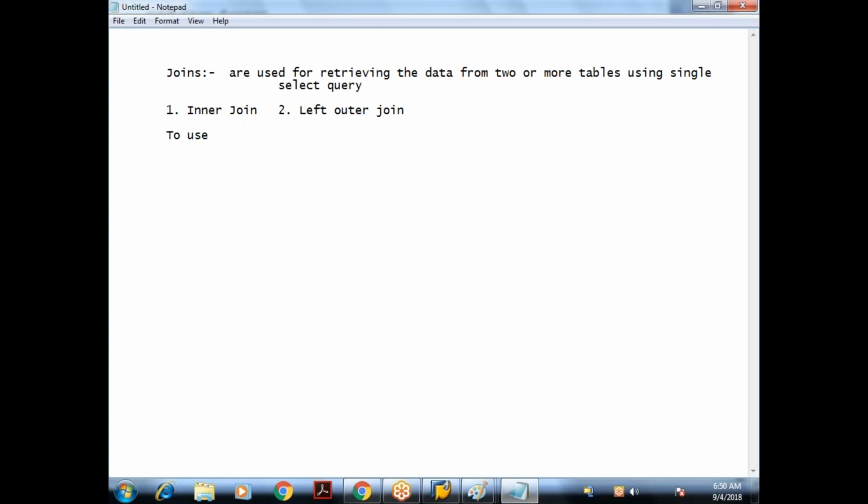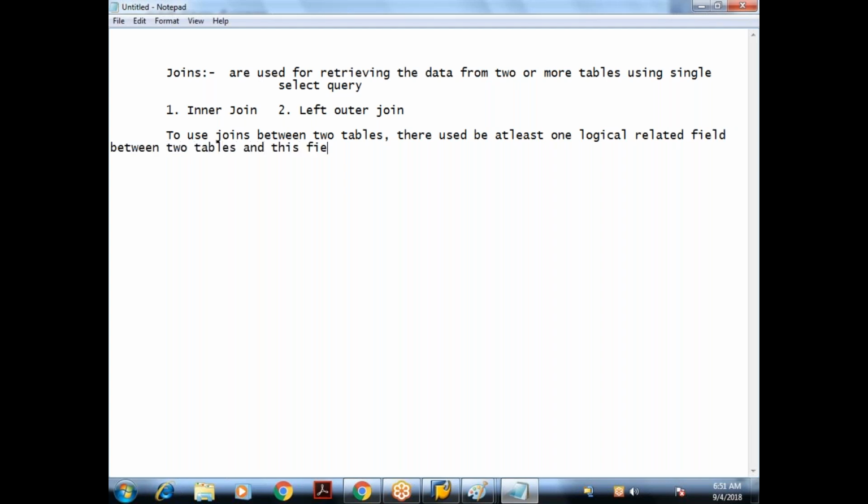If you want to use joins between two tables, there should be at least one logically related field between the two tables, and this field should be compared as part of the select query.